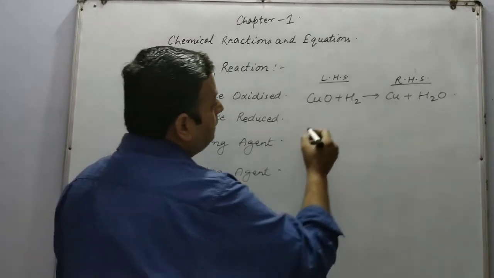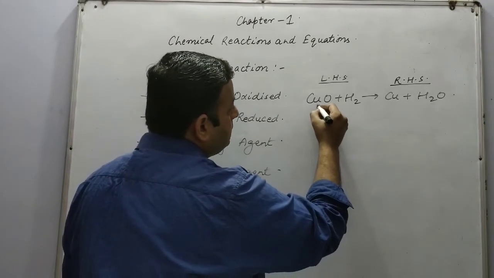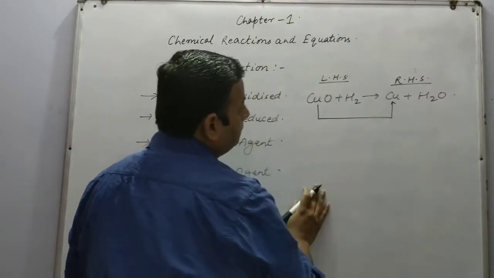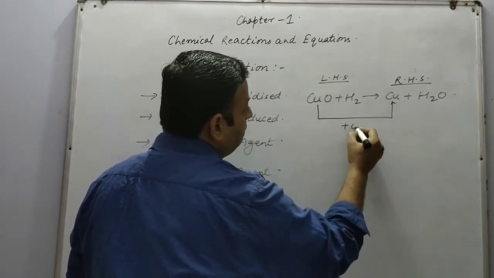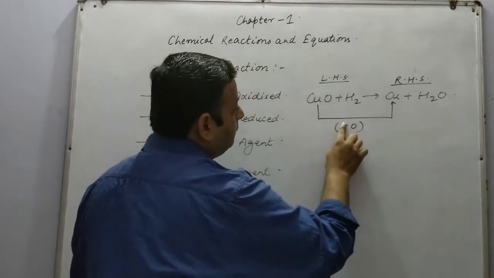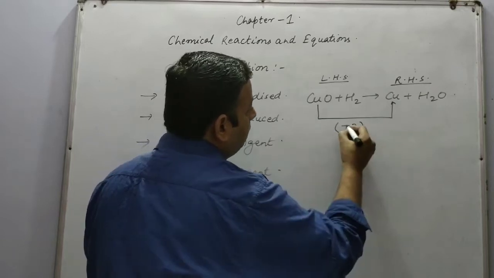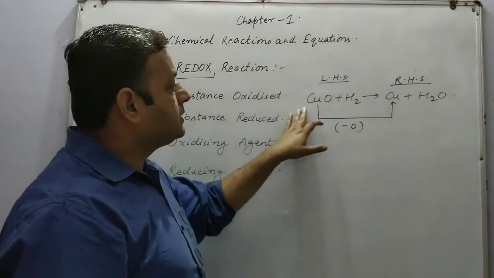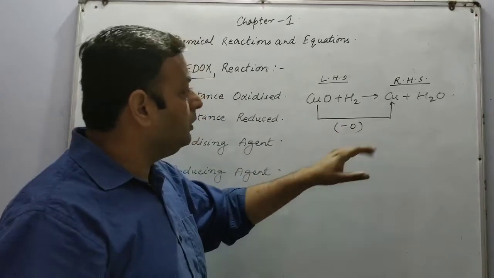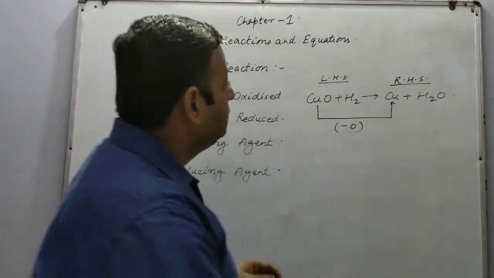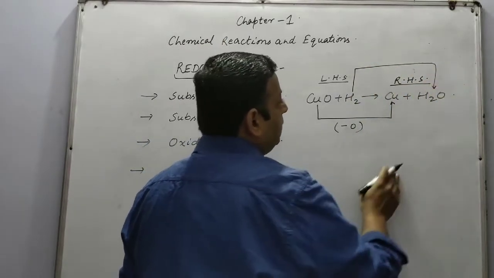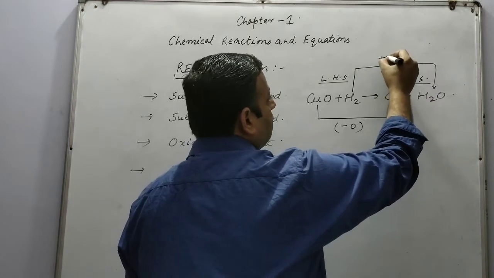Now we can easily see that CuO is getting converted into Cu, means there is a removal of oxygen. Copper oxide is getting reduced to copper. It means there is a removal of oxygen, and hydrogen is getting converted into H2O, means there is an addition of oxygen.